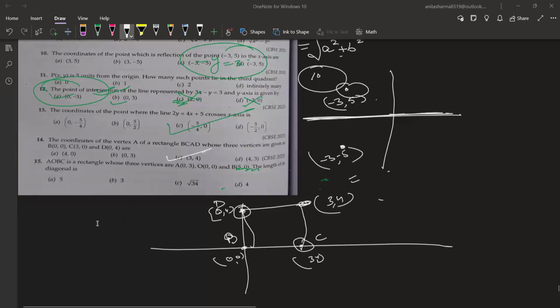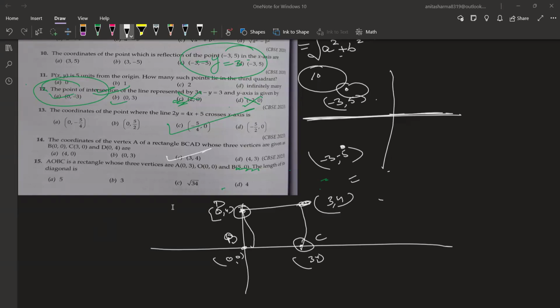Root 34. I guess this question we already did in yesterday's class, right? This was in the test, this question. Yes, ma'am.